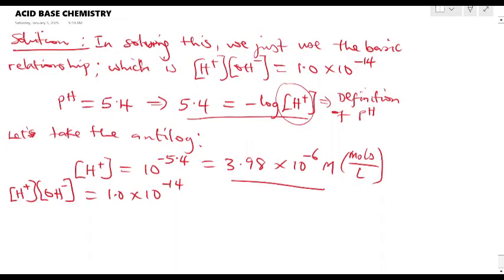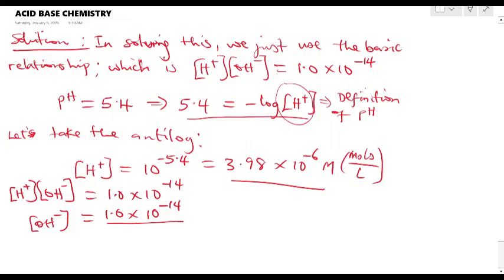So to get the hydroxide ion concentration, which we are looking for, we do a change of subject formula, and what you simply have there is your concentration of OH minus is equal to 1.0 times 10 raised to minus 14 divided by, of course, the hydrogen ion concentration.